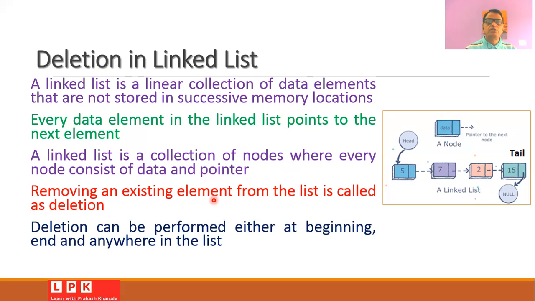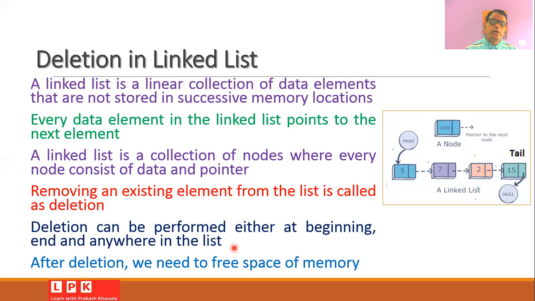The deletion operation can be performed at the beginning, that is, you remove the first element of the linked list, or at the end, that is, you remove the last element, or you can remove any element in between the first and last. All these three operations are separate, and we need to write different algorithms for performing the deletion in the linked list.